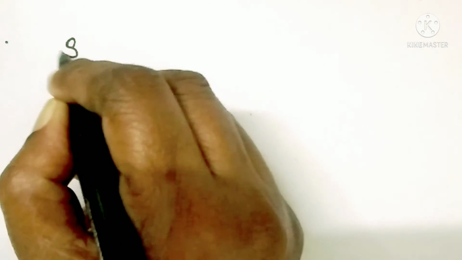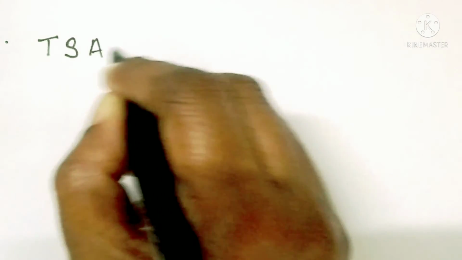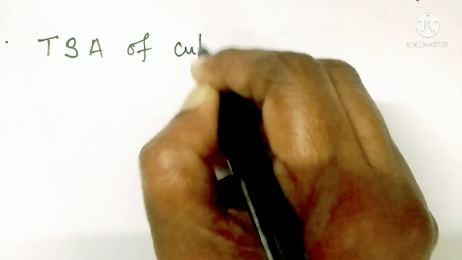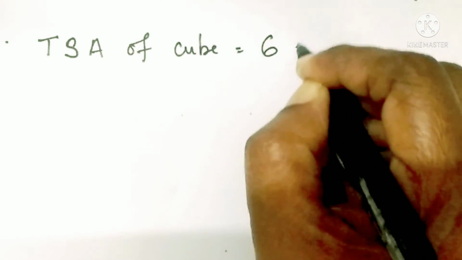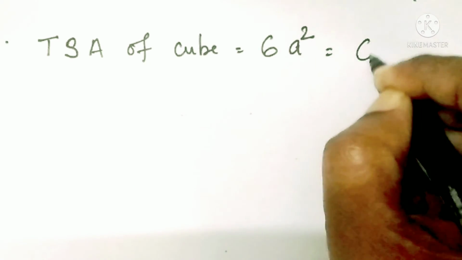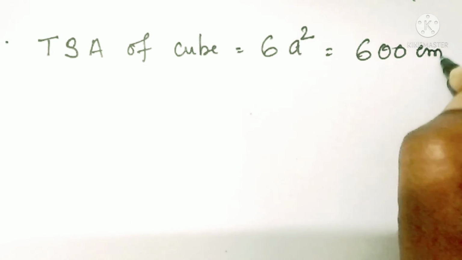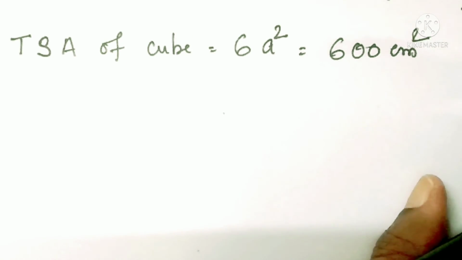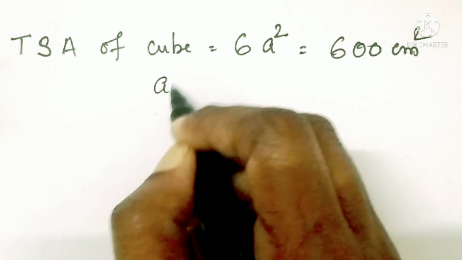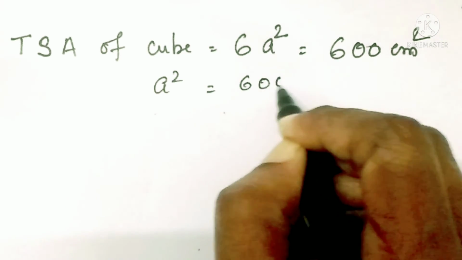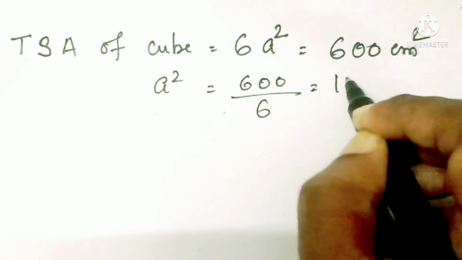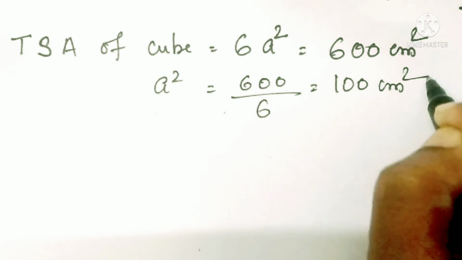Now, question number 3 is a direct question. Find the side of a cube whose surface area is 600 centimeter square. So, what is the total surface area of a cube? It is 6 into a square, which is equal to, it is given, 600 centimeter square. Now, from here, a square is equal to 600 upon 6, which is equal to 100 centimeter square.